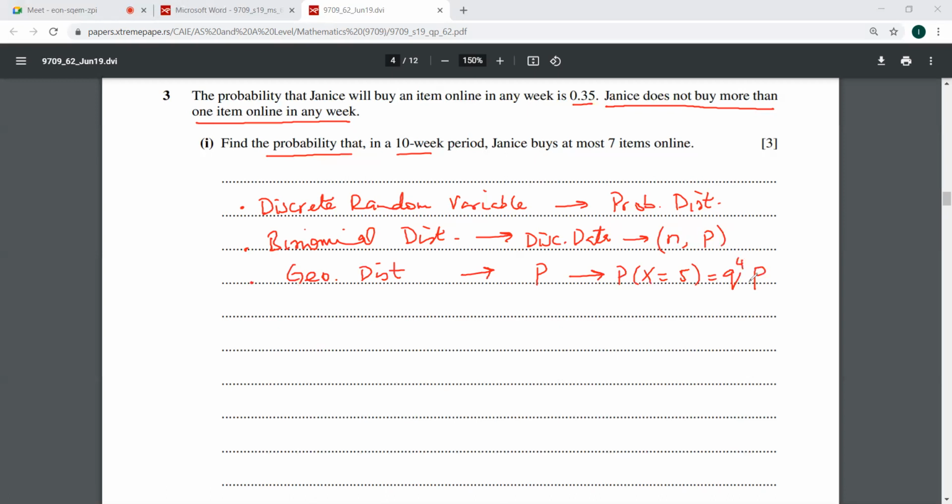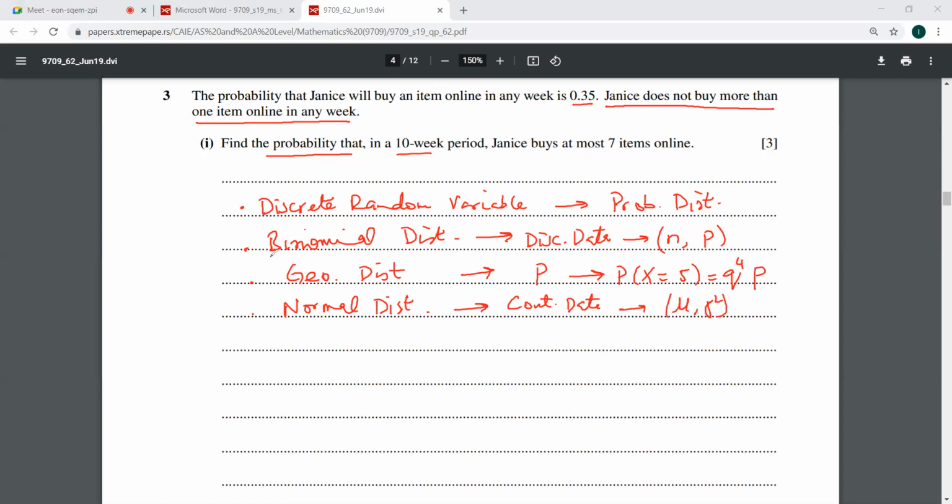That is how you find this. And then you have the normal distribution. This deals with continuous data, and its parameters are mu and the variance.